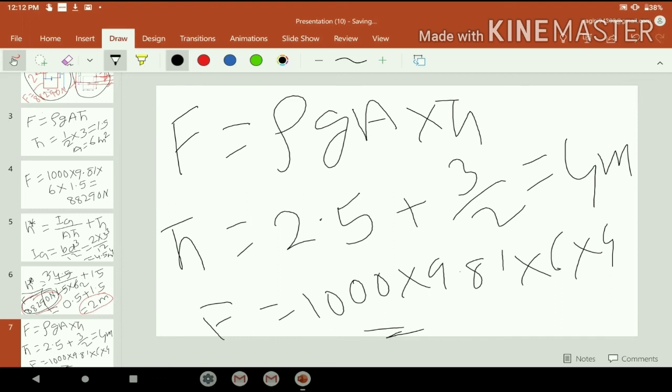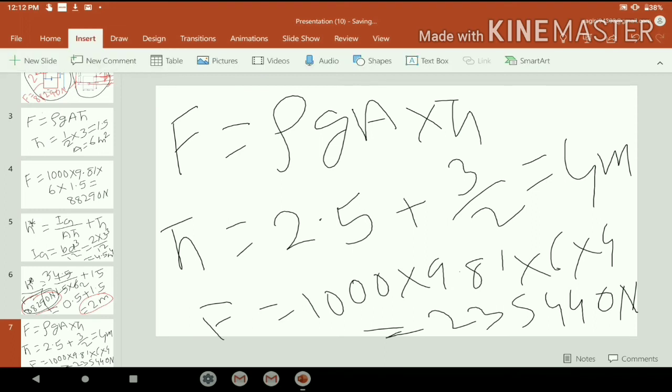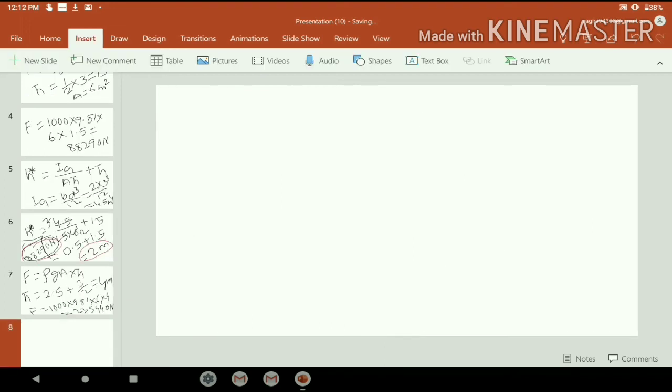After calculating this, we got 235,440 Newton. This is the total force of the second part of the question. Now we have to calculate the position.